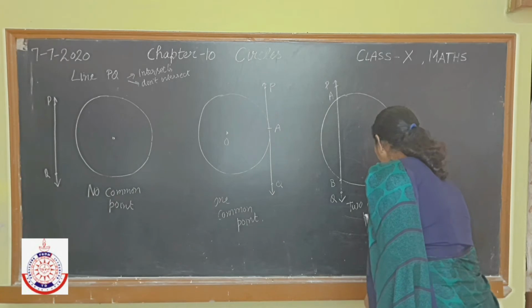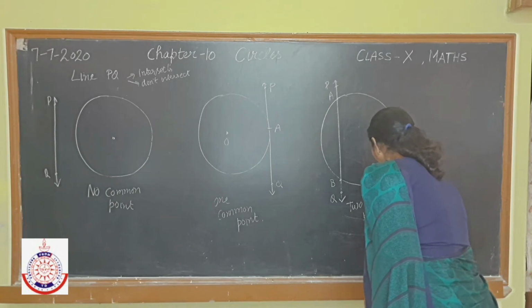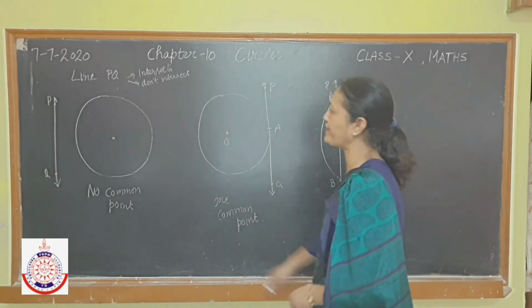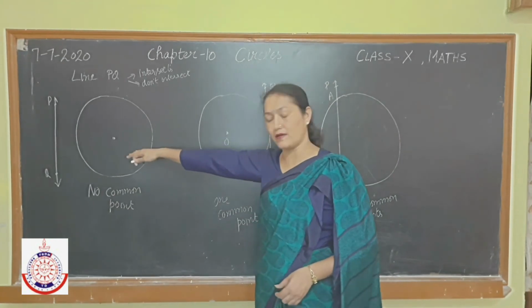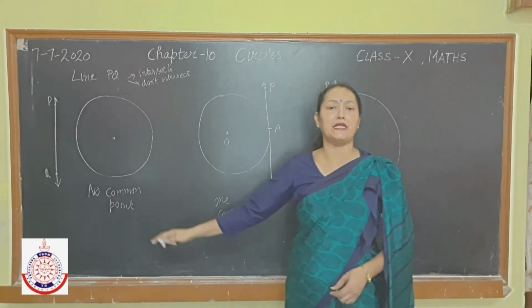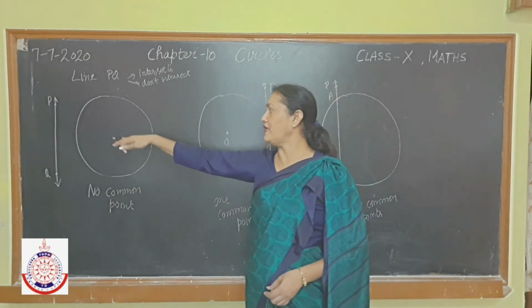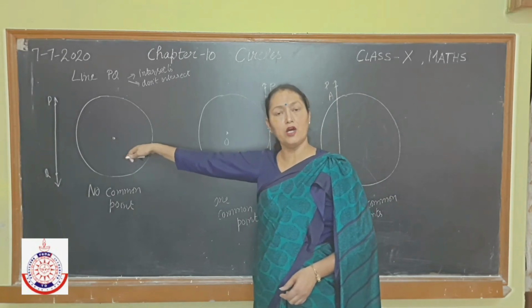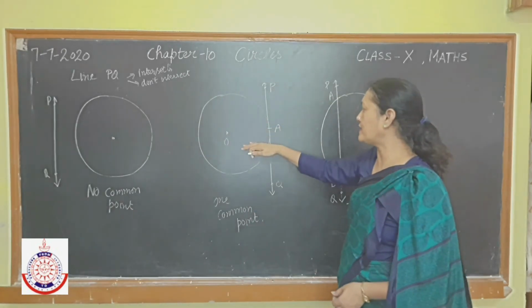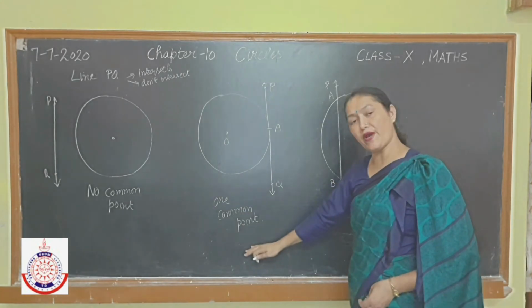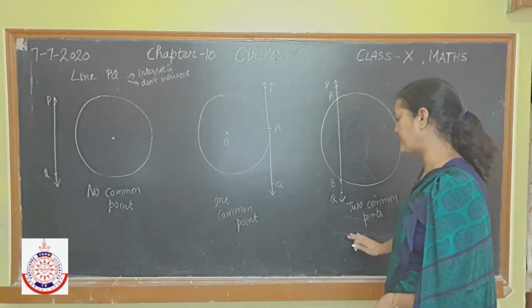So these are the three situations when we take a circle and a line in the same plane. Either the line will not intersect the circle or it will intersect, either at one point or at 2 points.